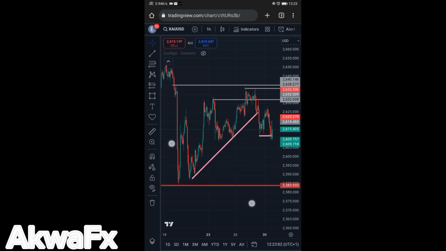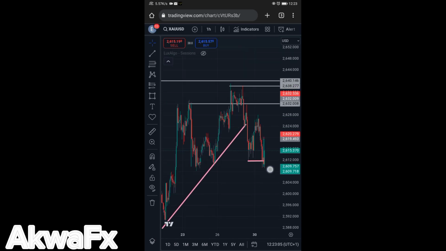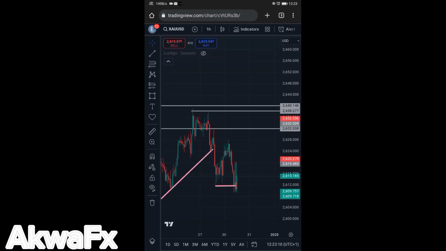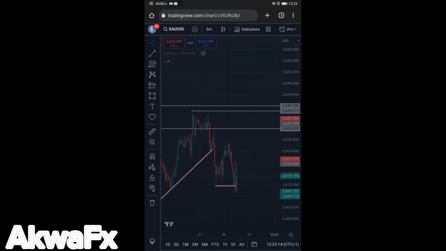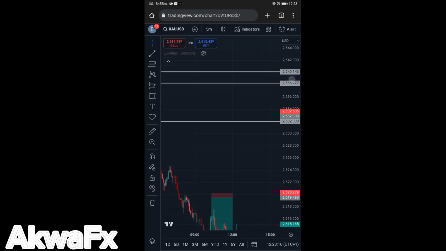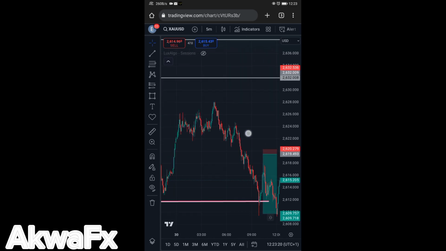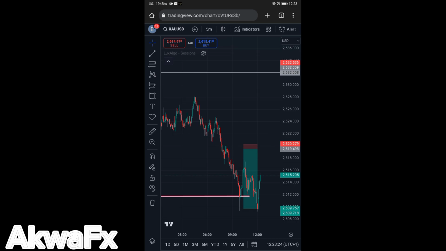The reason why I took the trade was that I noticed the trend of the market was bearish, so I went to my 5 minutes time frame. On my 5 minutes, that was my entry. I plugged in my Lux Algo indicator.